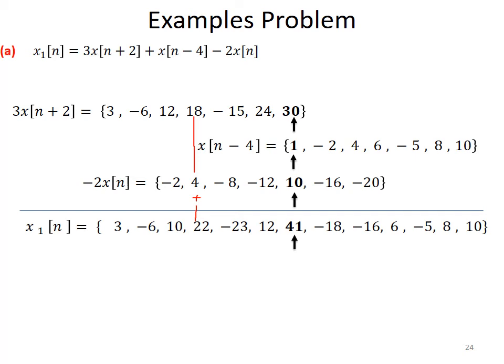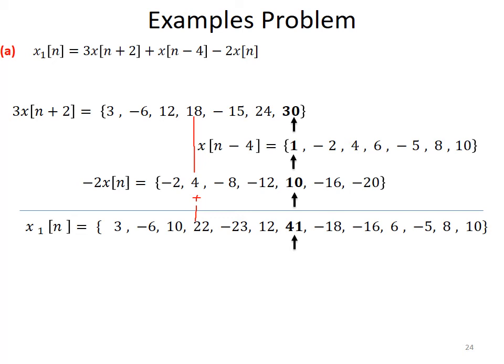Similarly, minus 15 would be added with minus 8, and the result would be minus 23. 18 would be added with 4, and we get 22 as a result. 12 would be added with minus 10, and you get 2. Minus 6 would be added with 0, and 3 would be added with 0, so you get 3.